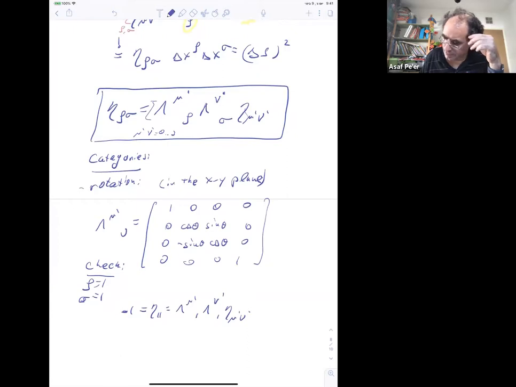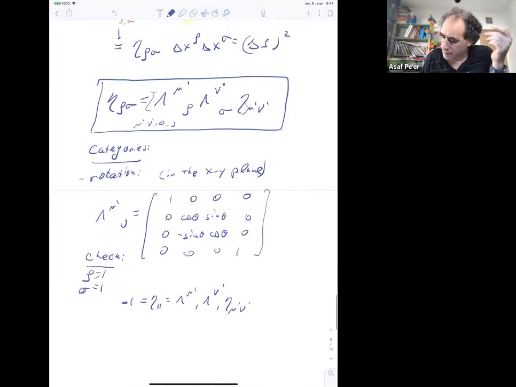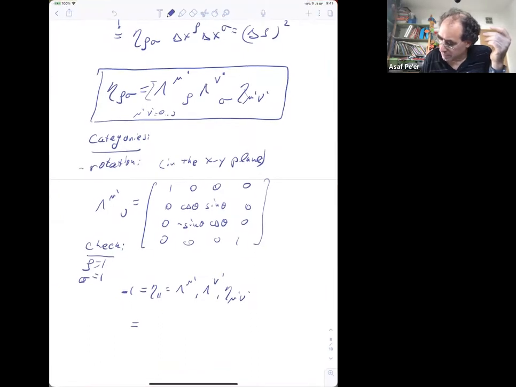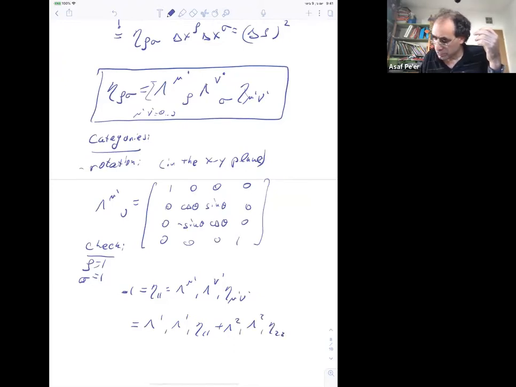The lambda is going to give us something non-zero only when mu prime and nu prime are either 1 or 2, because if it's 0 or 3, we get 0 from this matrix. So we get lambda 1, 1, lambda 1, 1, eta 1, 1, plus lambda 2, 1, lambda 2, 1, eta 2, 2. Then everything else is going to be 0. You with me?